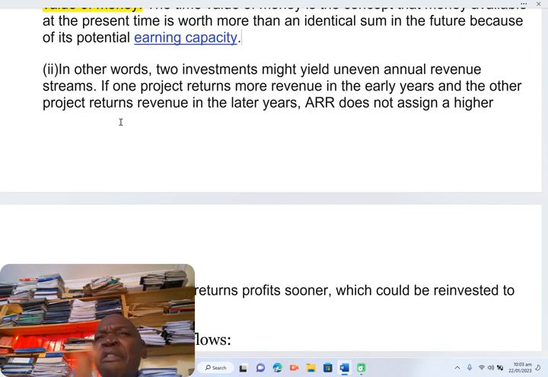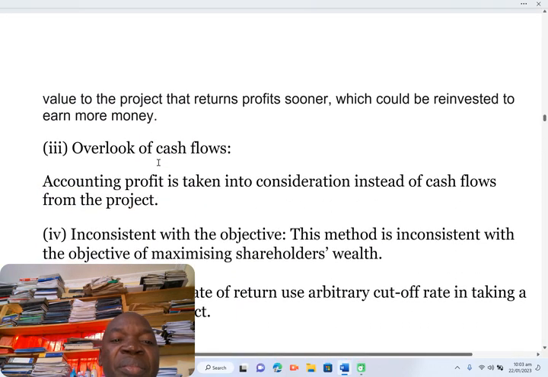Where those uneven revenues arise, this method considers the average over the period, while in the middle there are some uneven revenues which may mislead a decision maker. Considering the average of the period overlooks the uneven revenue, which is even dangerous in the middle of the project. So this is the second weakness of this method.